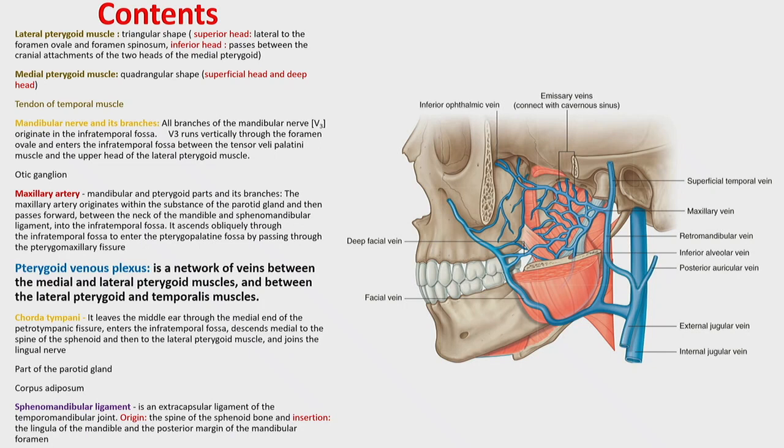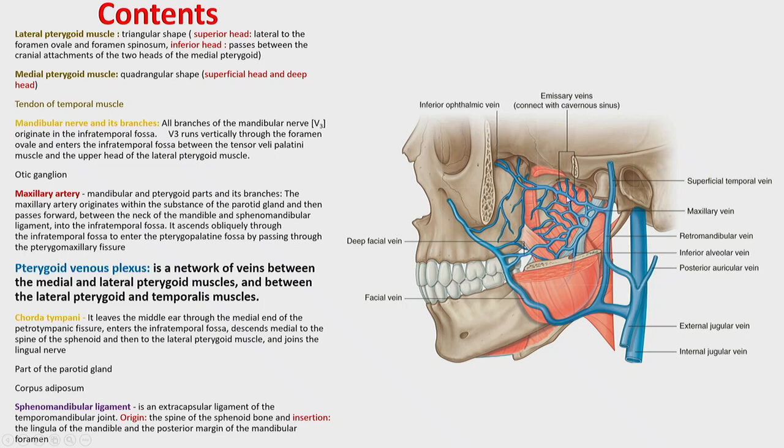Next content is the pterygoid venous plexus. We talked about this often because it's similar to the branches of the maxillary artery, but in the vein we don't have all these branches of the maxillary artery. They make a plexus, and they call it the pterygoid venous plexus.